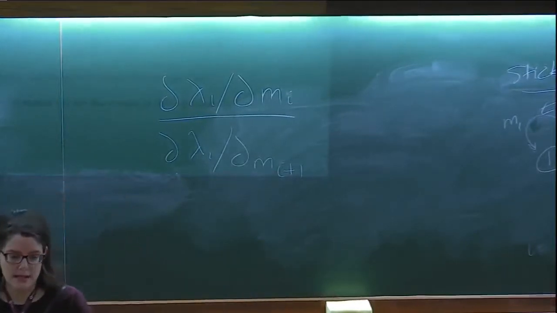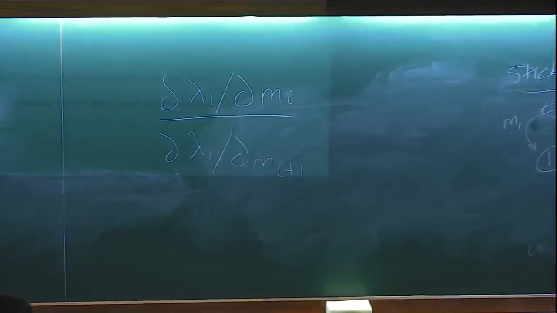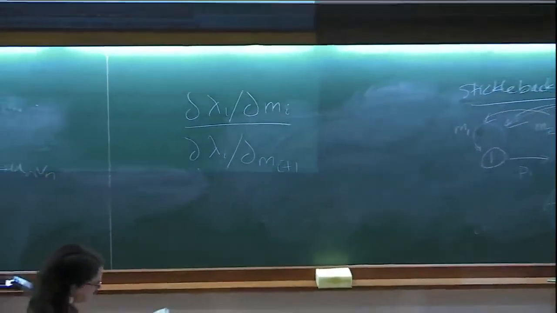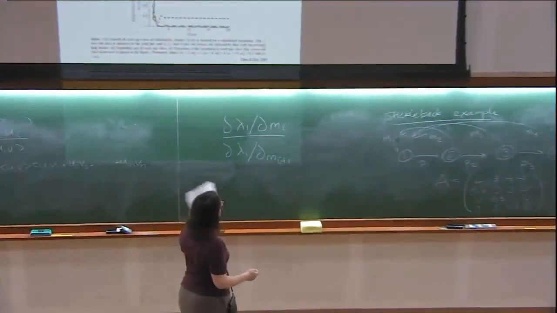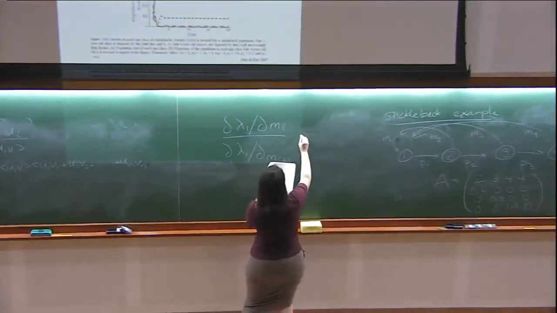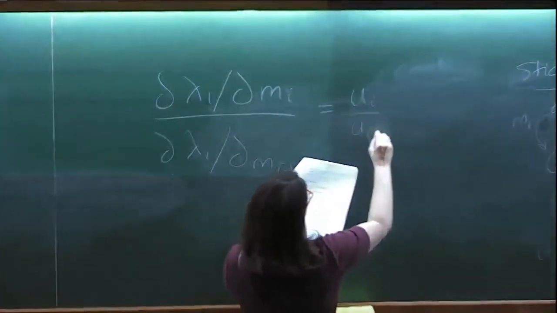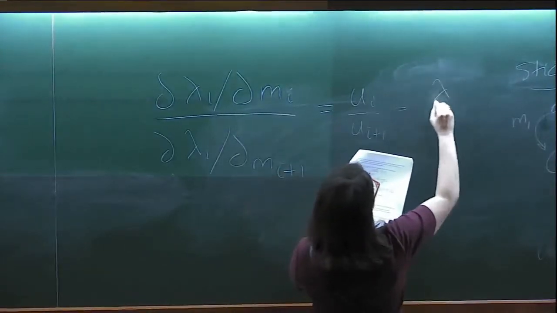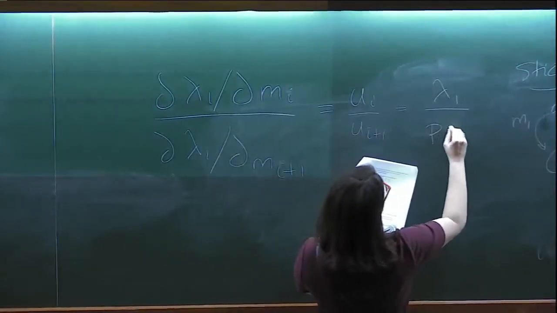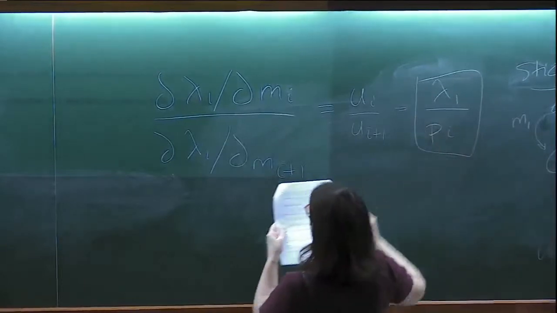So is it more sensitive to earlier reproduction or more sensitive to later reproduction? What's more important? If you play around with those equations, you can show that this quantity for a Leslie matrix looks like this. It has a very simple form.